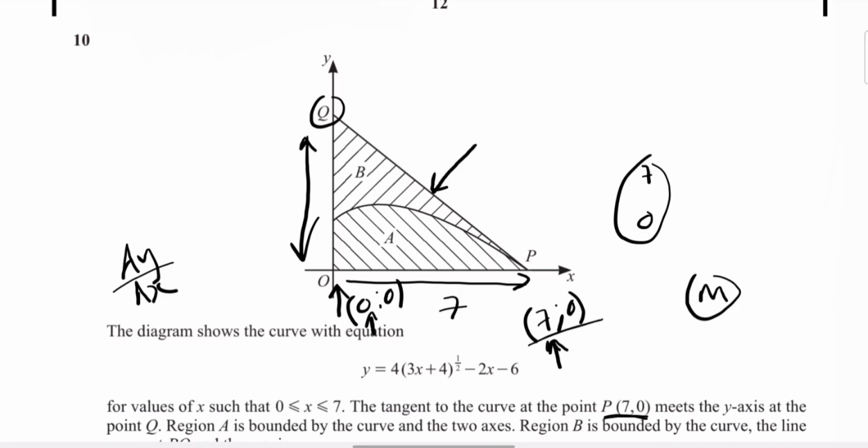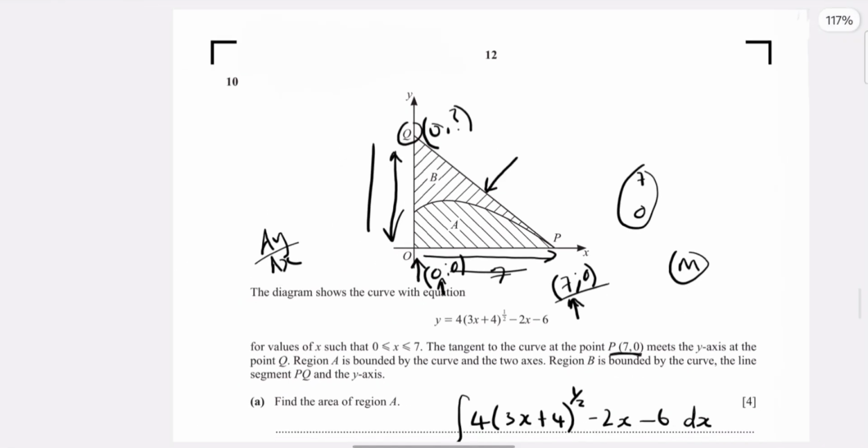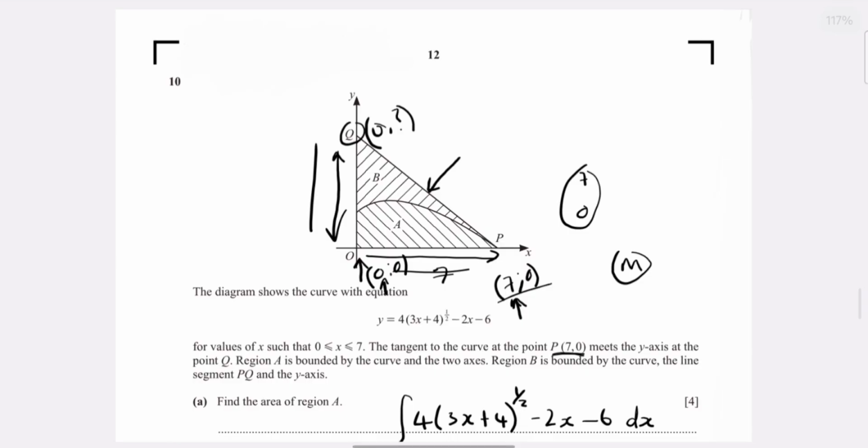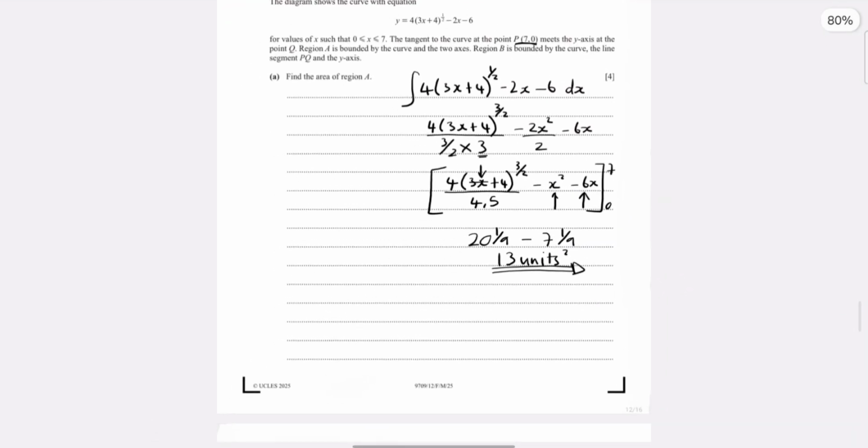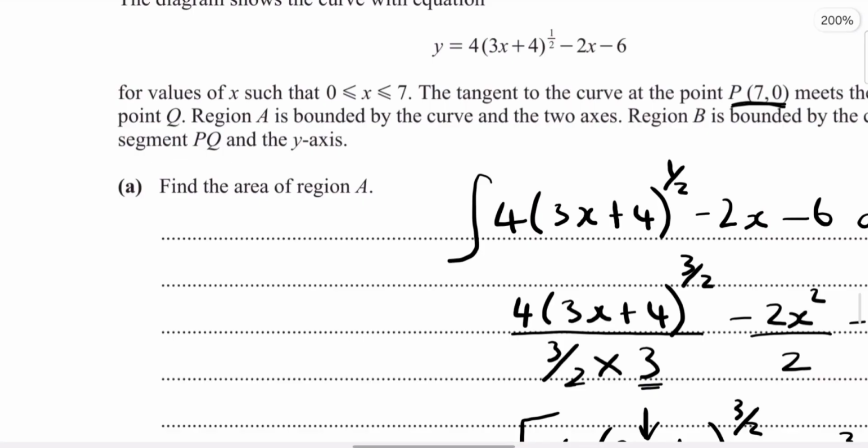We take the y-intercept to be the y-coordinate of Q, and we use this and this to get the area of the triangle. So let's go ahead and do that, let's just do it here.